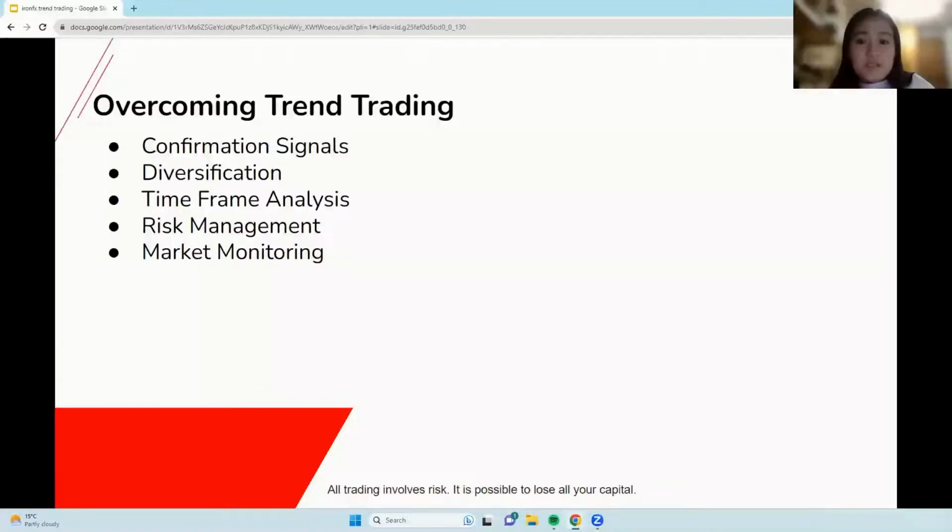Diversification. You should combine trend trading with other trading styles or strategies to mitigate the risk and reduce reliance on a single approach. Pretty similar to what I talked about with confluence. Next, time frame analysis. I'll talk about this really quickly in the next few slides.